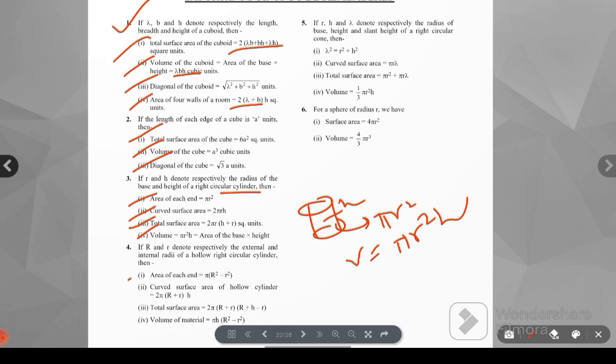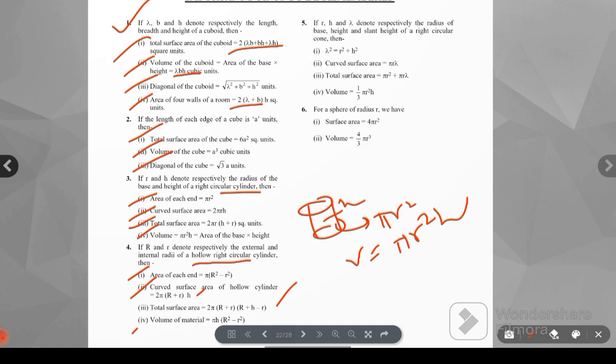All right, fine. Next, you have seen the hollow cylinder: curved surface area 2 pi r h plus this. Okay, and this is the total surface area. If you break it, you will get all these things.